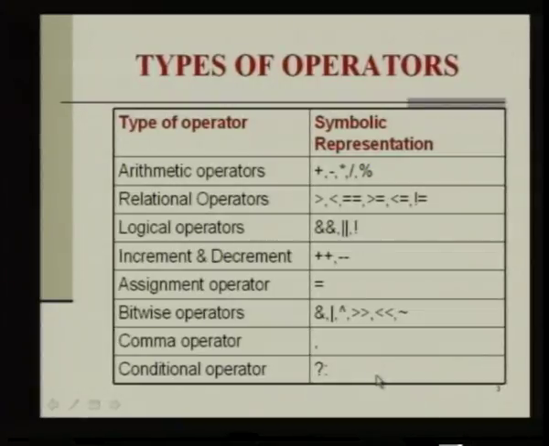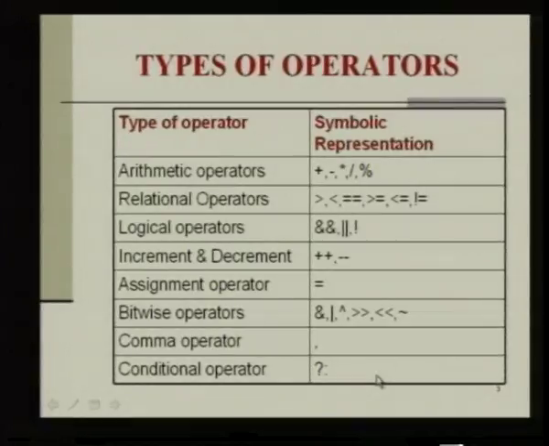We have the increment and decrement operators, which come under the unary type and require just a single operand. And we have the assignment operator, bitwise operators, comma operator and conditional operator. So we have a total of 8 different classifications of operators in C and their symbolic representations. Now first we will look at the arithmetic operators in C.